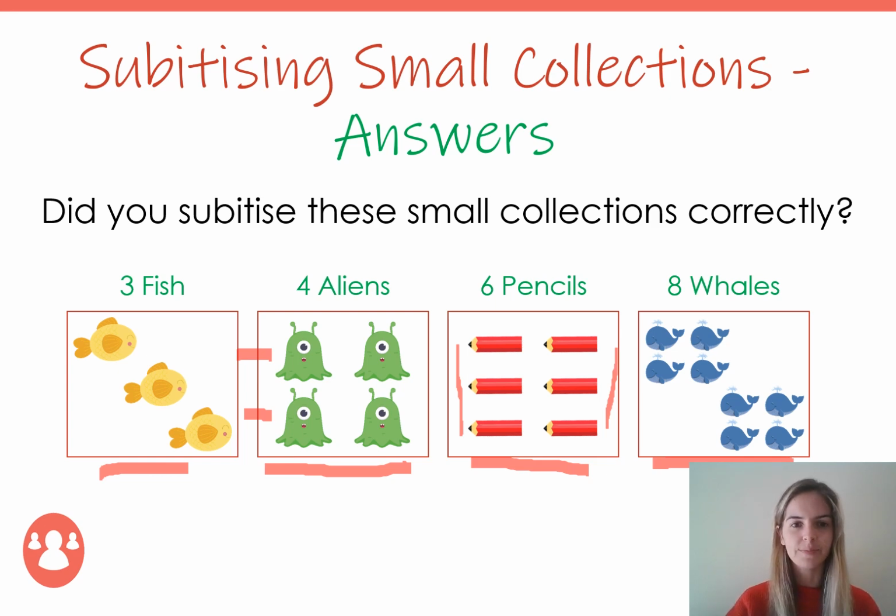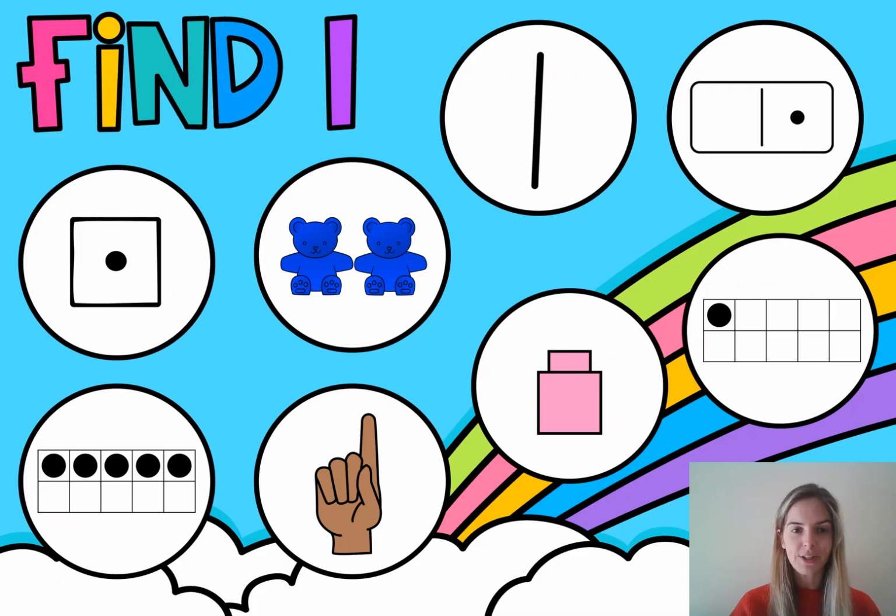Okay, let's have a look. Now what we're going to do is we're going to find everything that is 1. We're going to find the number 1. We could have 1 object, 1 dice, 1 teddy bear, 1 in a tens frame. So I want you to pause this video, and we're going to find all of the representations of the number 1.